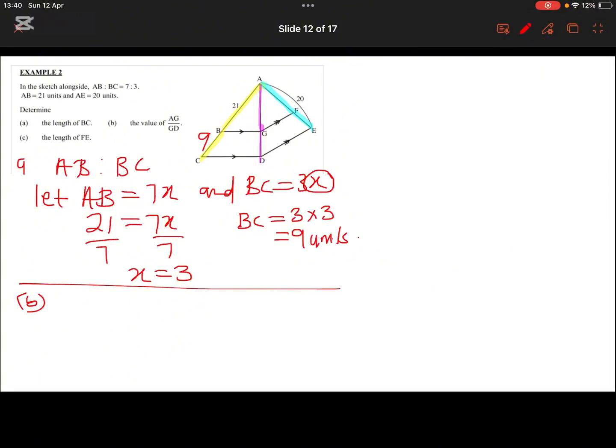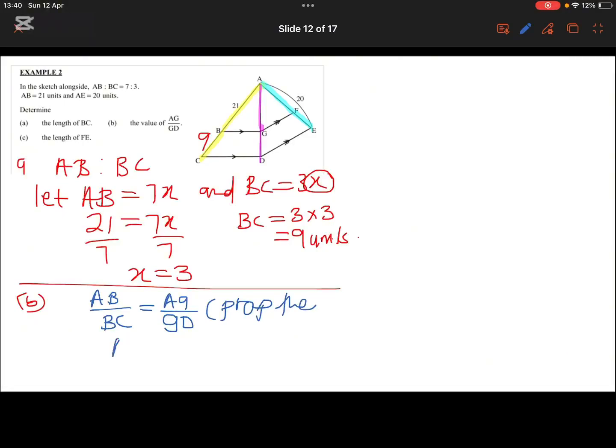Okay, let's take a look now. We know that a line drawn parallel to one side of a triangle divides the other two sides proportionally. That means AB divided by BC will be equal to AG divided by GD.